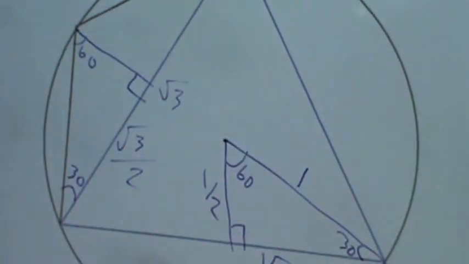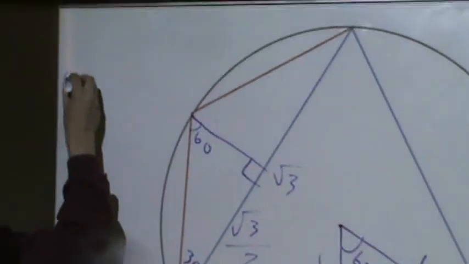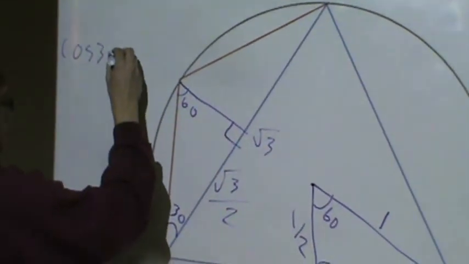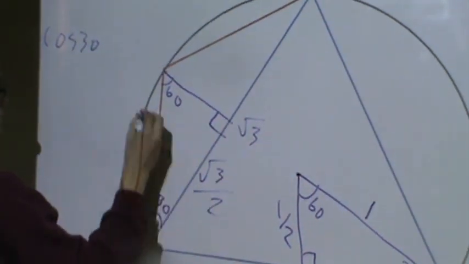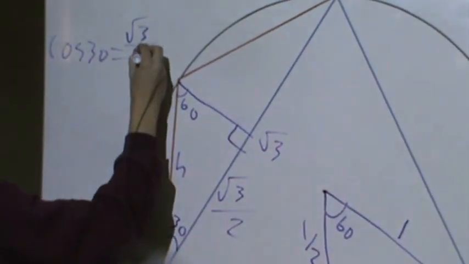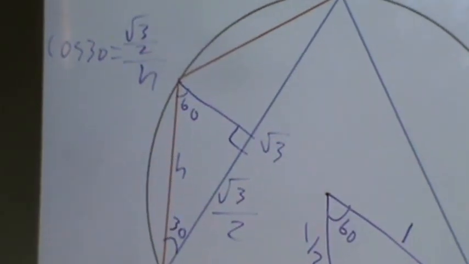Okay, so now using the cosine of 30, we'll get that cosine of 30 is equal to root 3 over 2 over h.